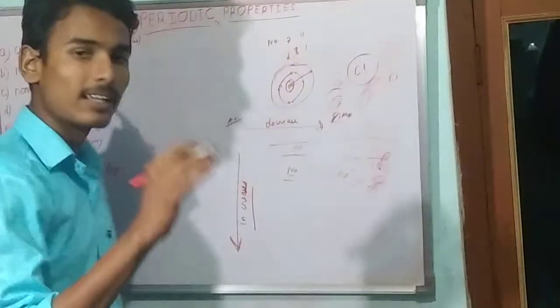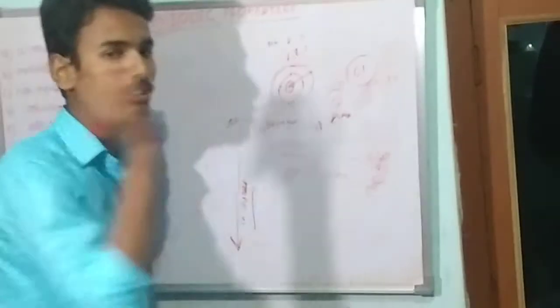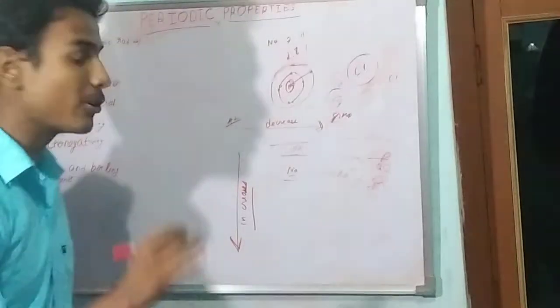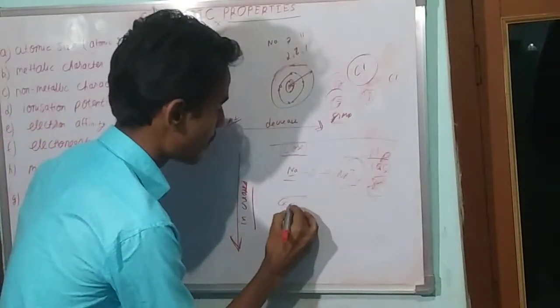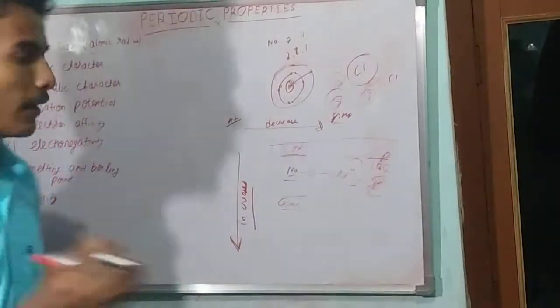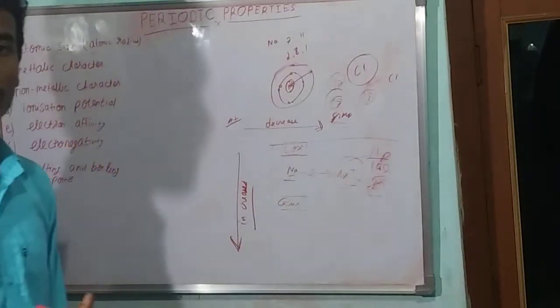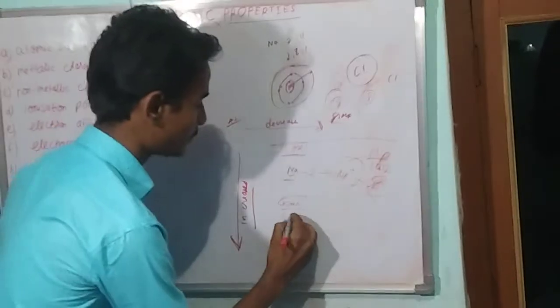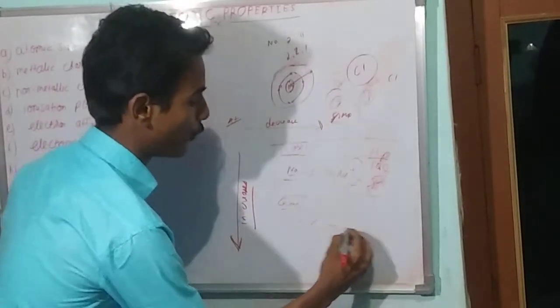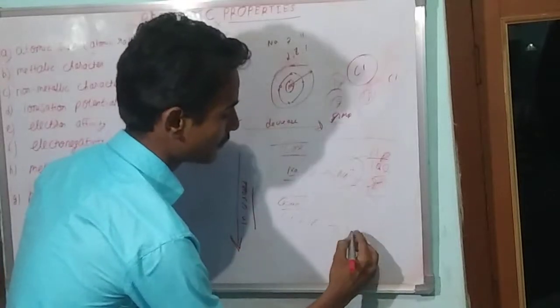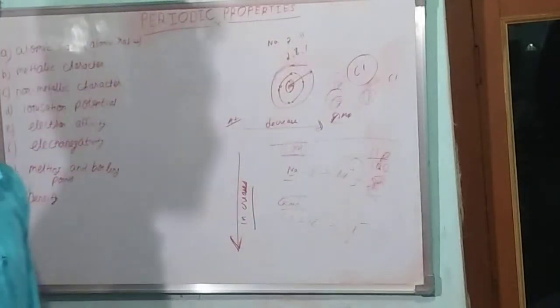This is all about losing electrons. Now we talk about gaining electrons. For this, take the example of chlorine. Cl gains one electron and forms Cl-.